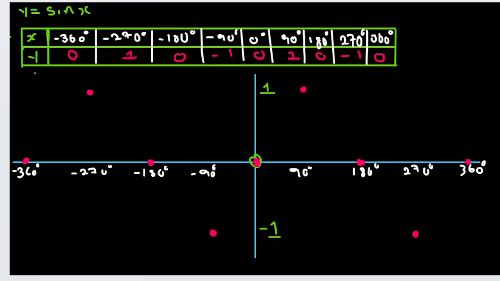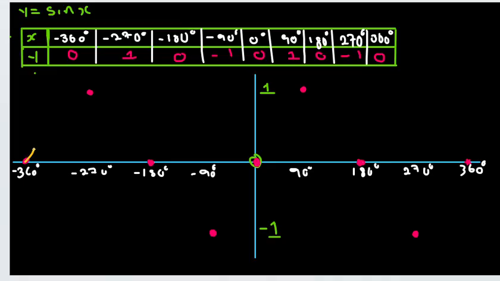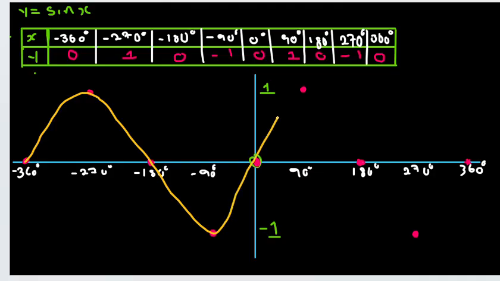Now let us plot our graph. This is our graph. It will go down here, then go up, reaching this side, and this side, and voila, our graph ends here.